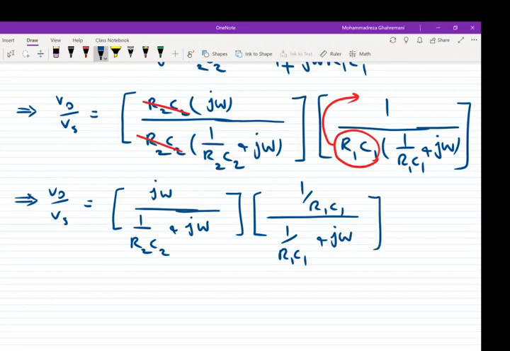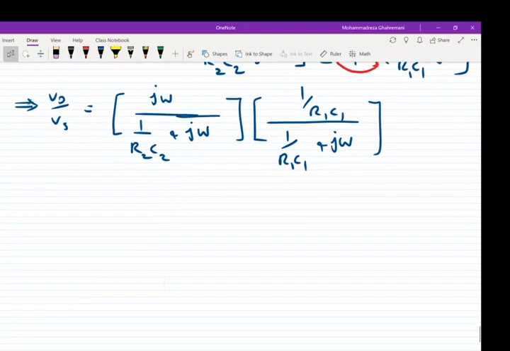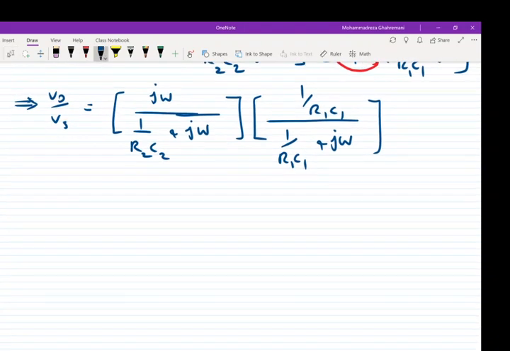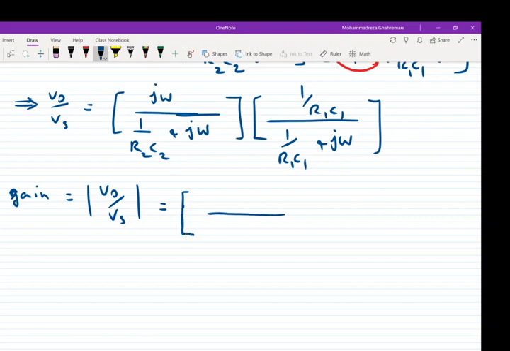Now that we got to this point, we can simply calculate the gain. Gain is equal to the absolute value of Vo over Vs, which is equal to, for the first bracket, we know that the amplitude of j omega is omega.